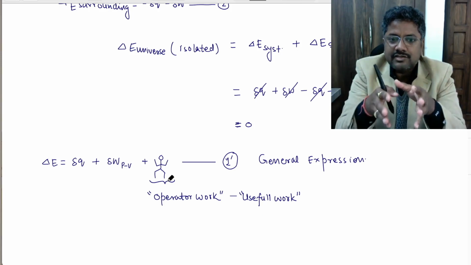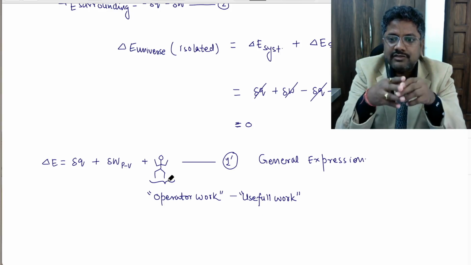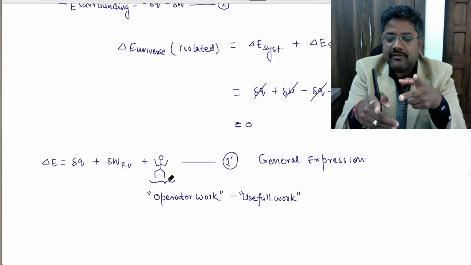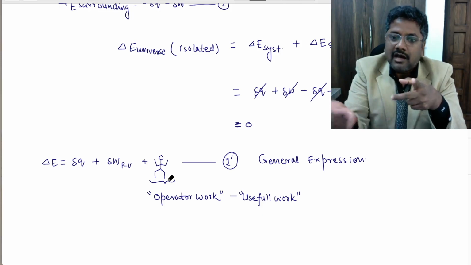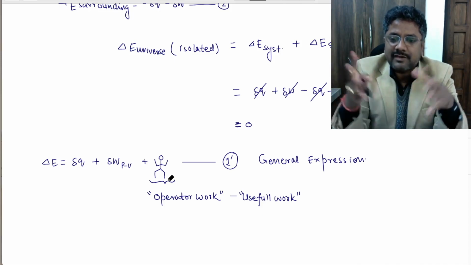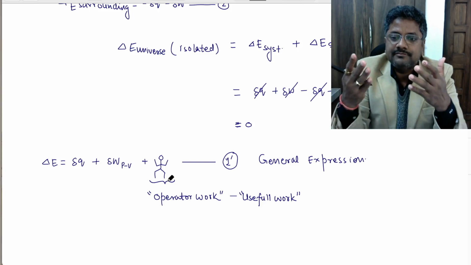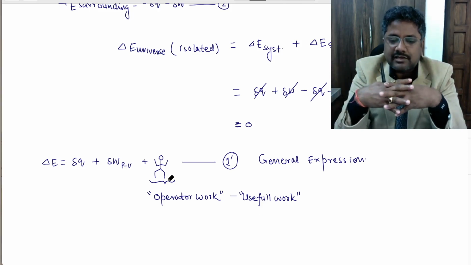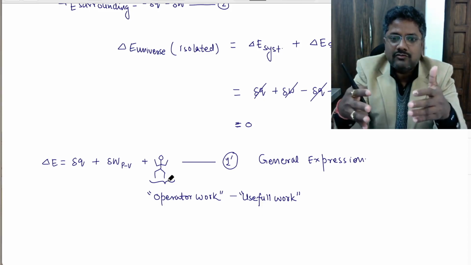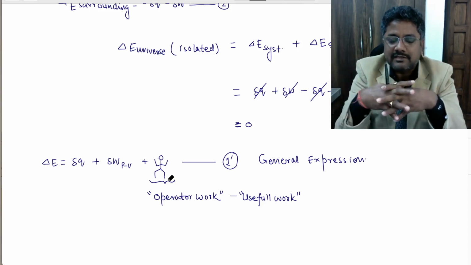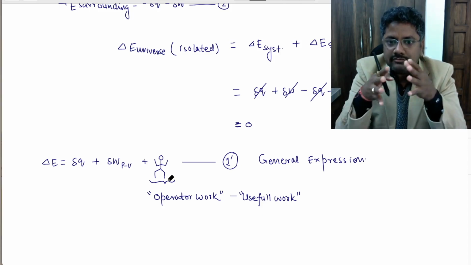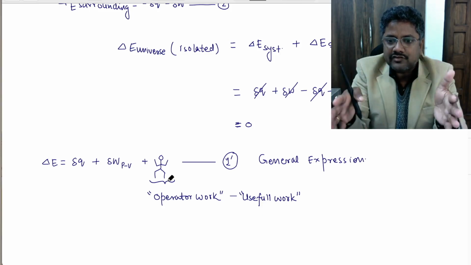So whatever energy is present in your system is used in two ways. First, for useful work, which I have referred to here as operator work, and some part of the energy goes to the expansion of the system against the external pressure, that is atmospheric pressure. In chemistry we don't want to do this expansion. We want to perform our reaction.